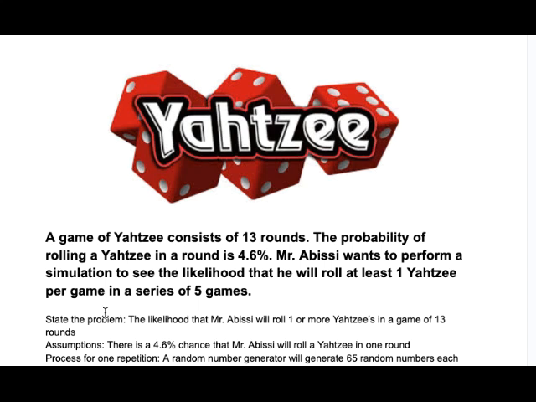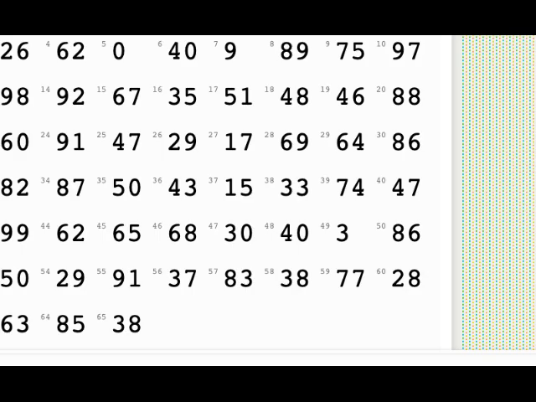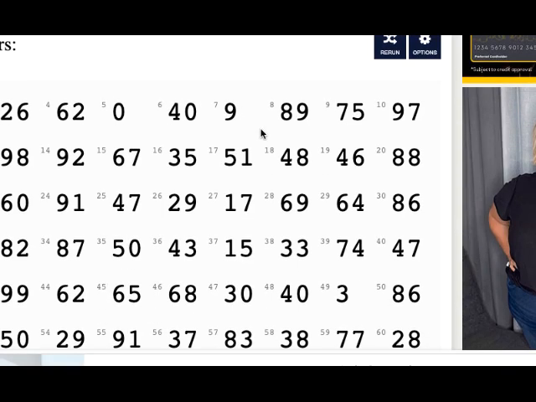So next, and I'm just going to bold these really quick so they're a little bit easier for you guys to read, my next step is carrying out the simulation. In order to do this, I will need a random number generator. I happen to find one online.